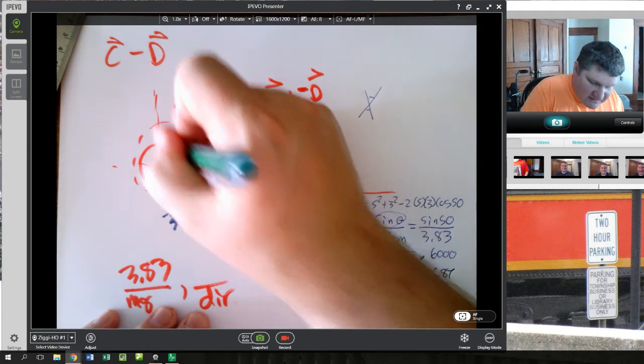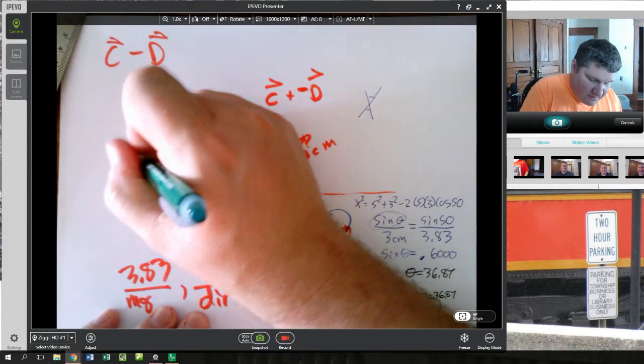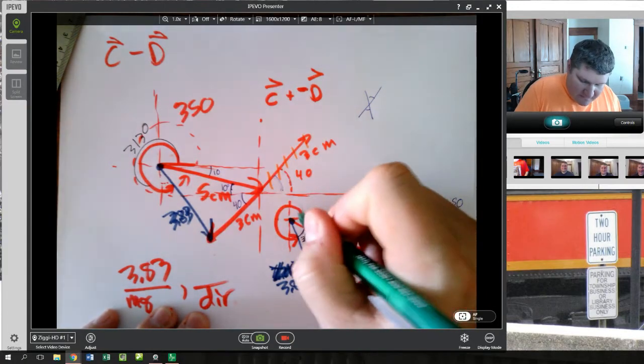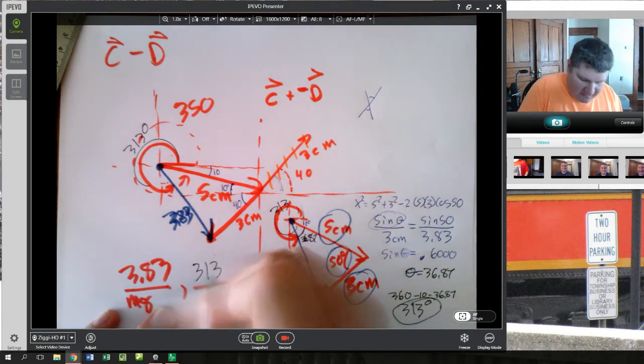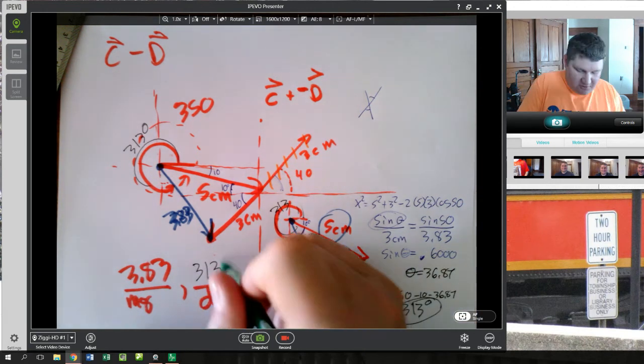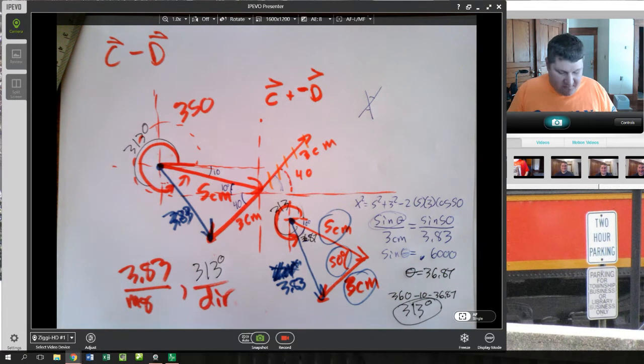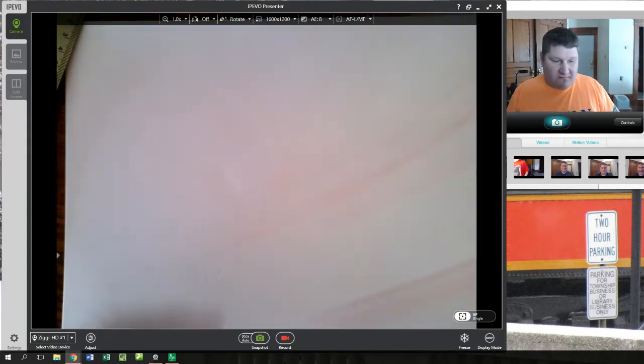So that means this distance all the way around is 313 degrees, which means my vector is 3.83 comma 313 degrees. That is finding both the magnitude and the direction. It required both law of sines and law of cosines.